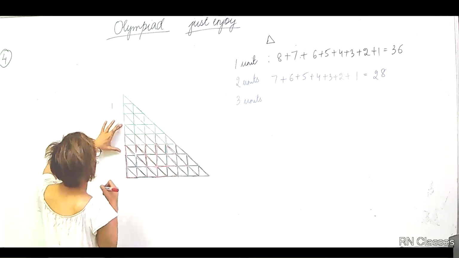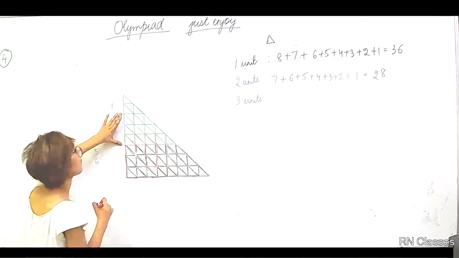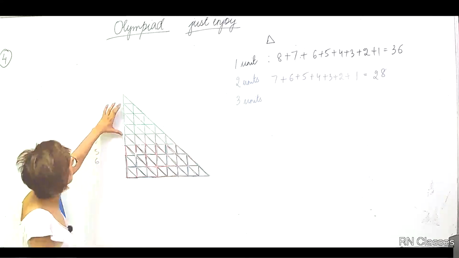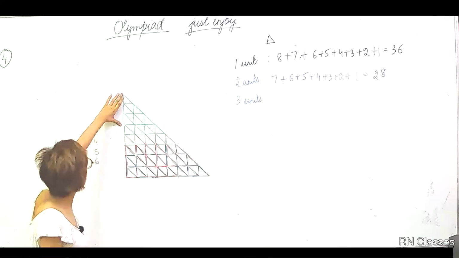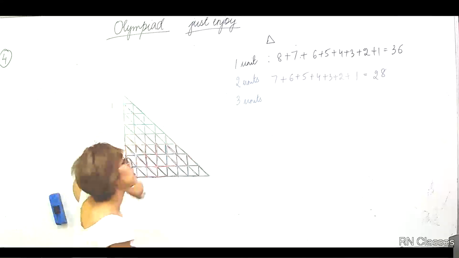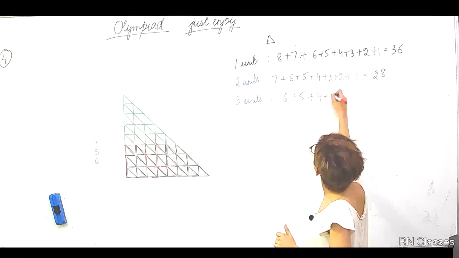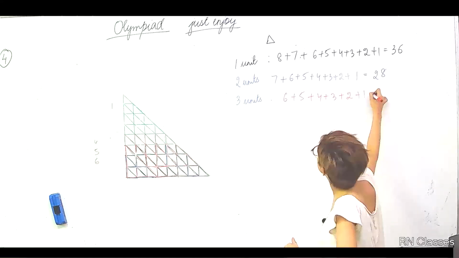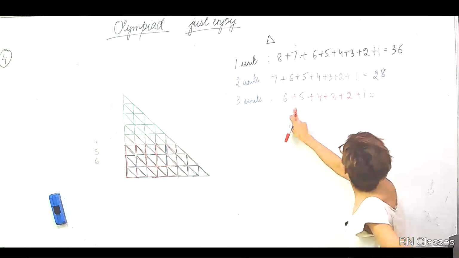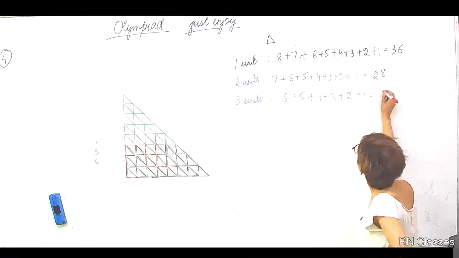Right, 4. And यहाँ हो गए यहाँ से 3, यहाँ से 2 and यहाँ से 1. So this is 6 plus 5 plus 4 plus 3 plus 2 plus 1. So that is 15 plus 6, that is 21.